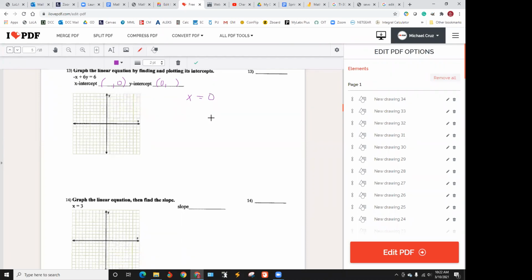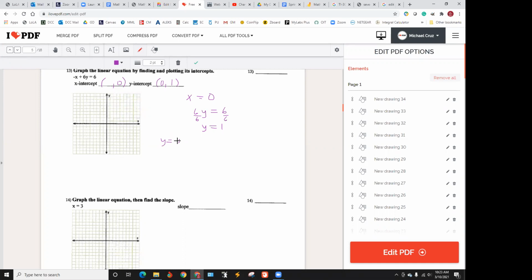So when I do that, this is going to be gone, and I'm just going to have 6y is equal to 6, which means y is 1. So that's going to be right there. So the other one is y is equal to 0.